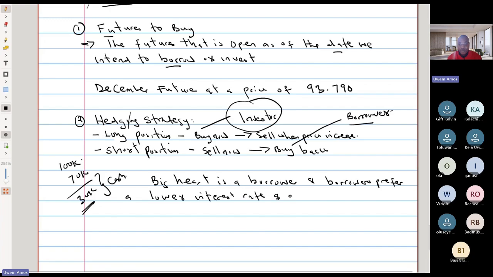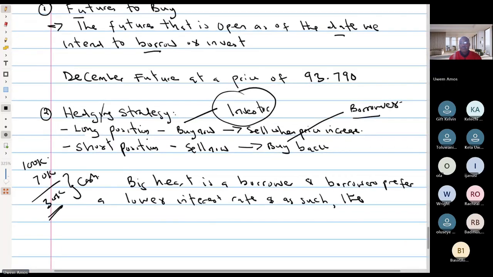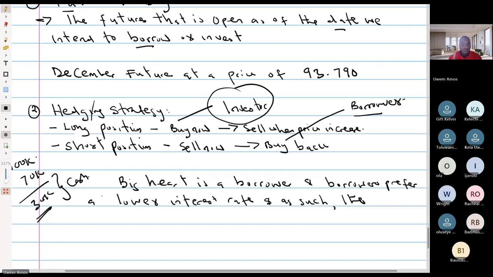And as such, the applicable hedging strategy is a short position.